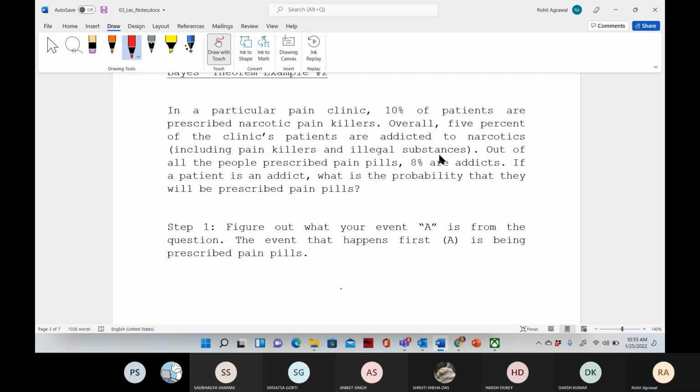And out of all the people prescribed pain pills, 8% are addicts. If a patient is an addict, what is the probability that they will be prescribed the painkiller?